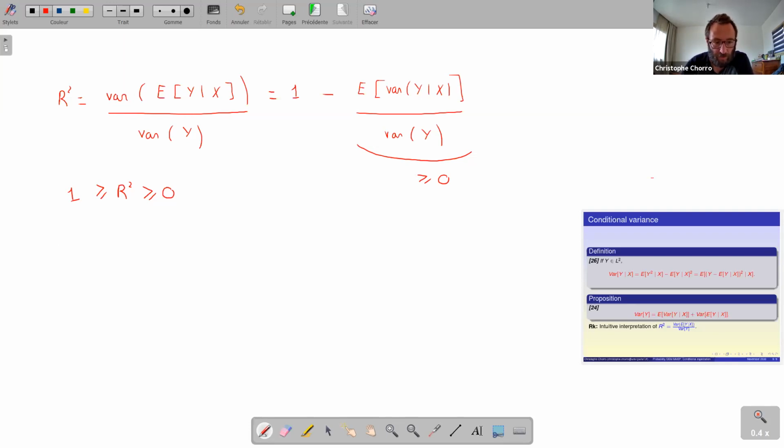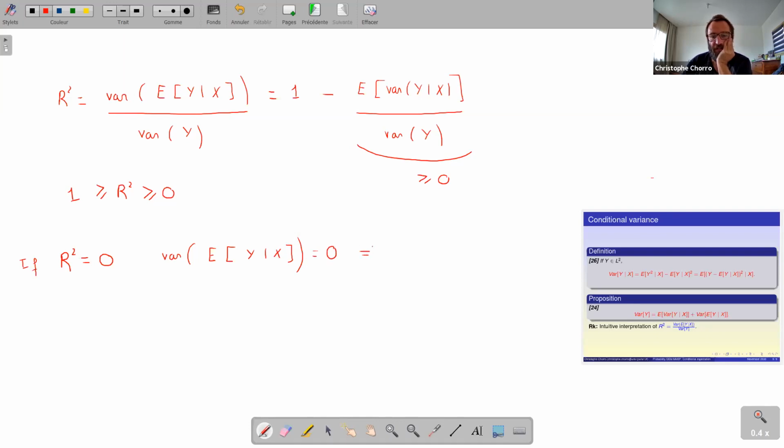So what happens if R square is equal to 0? Then the variance of the conditional expectation is equal to 0.